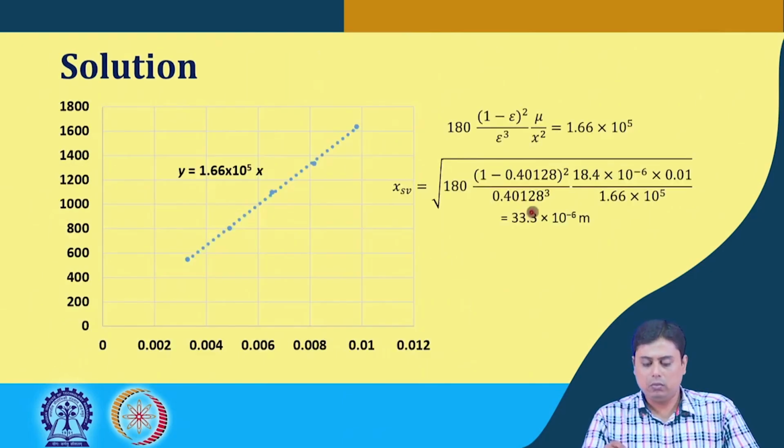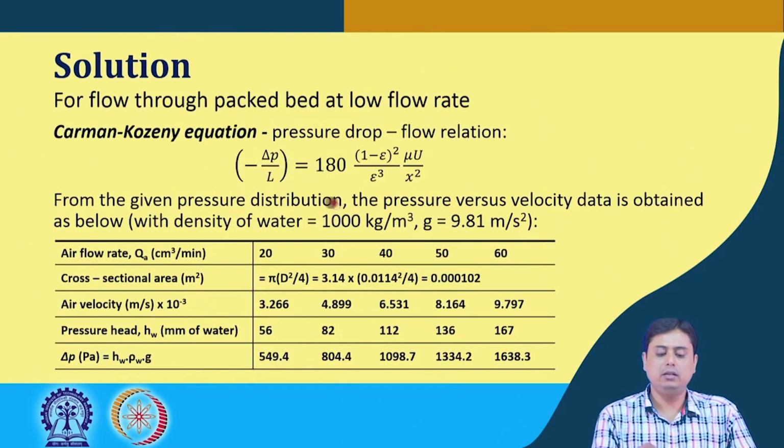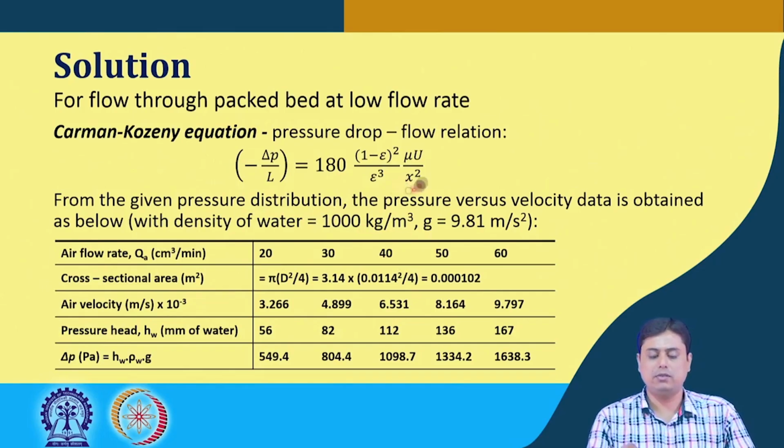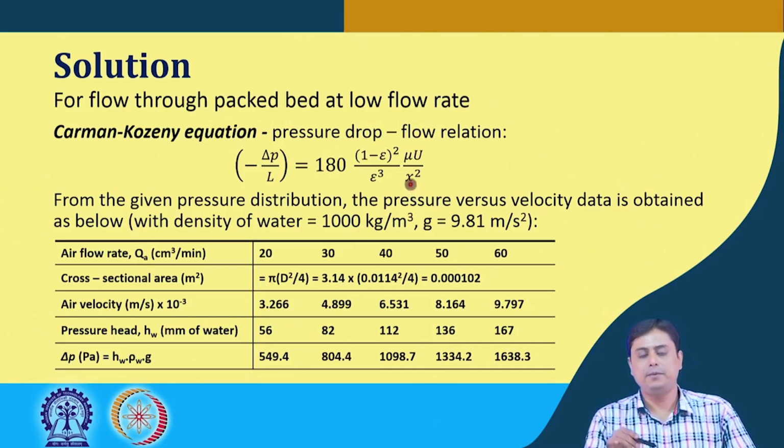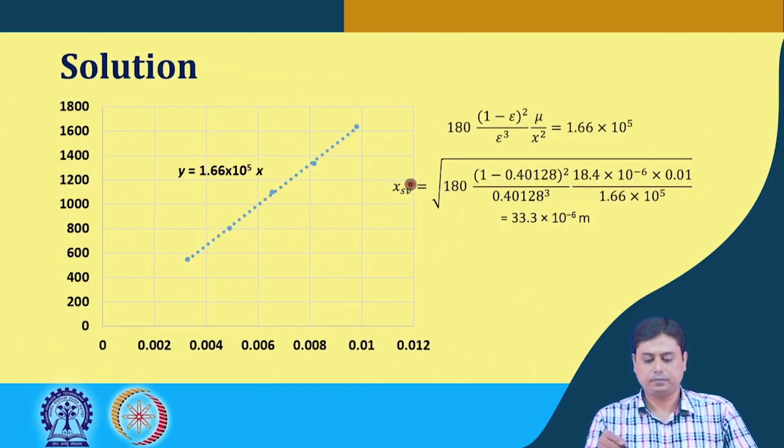In other words, the diameter that is used in the Kozeny-Carman equation is nothing but the surface volume mean diameter. It represents the surface volume mean of the particle, or the collection of particles that is there in the packed bed or the permeability apparatus. That gives us the value of 33.3 micron of the particle size of the powder sample.